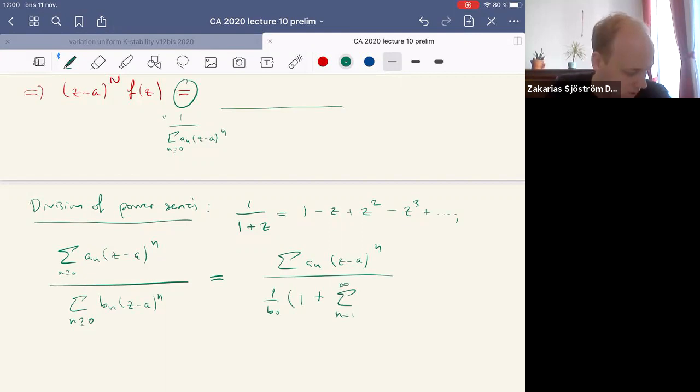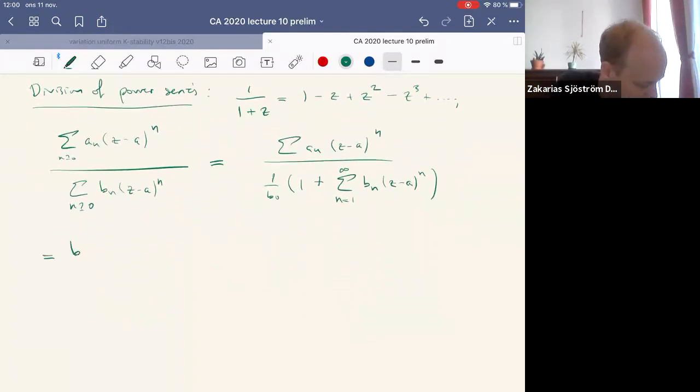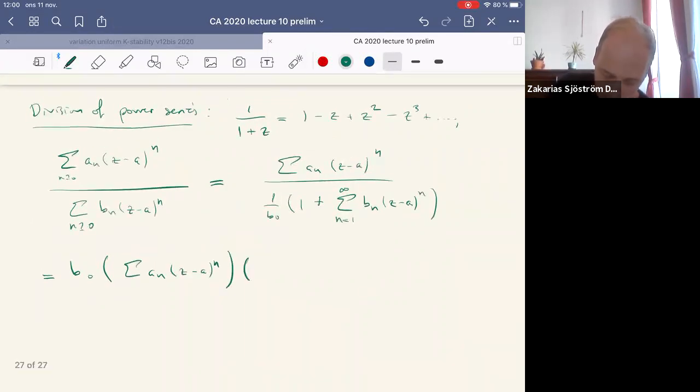So now it starts with 1. Okay, so I can write it like that. And so in other words, this is equal to B0 times the sum of this times, and then using this thing here, right?